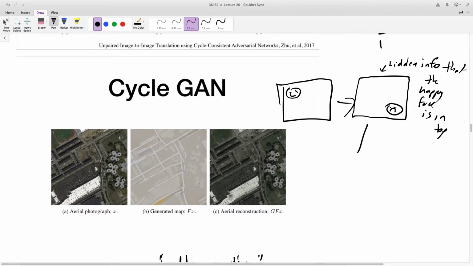So as we go back, the idea is this generator is going to read this hidden information that the happy face is in the top left and put it back in the top left so that when we do our cycle loss, it works right. It could work. Yeah, could be. It's probably just more work than just leaving it where it is. Okay.